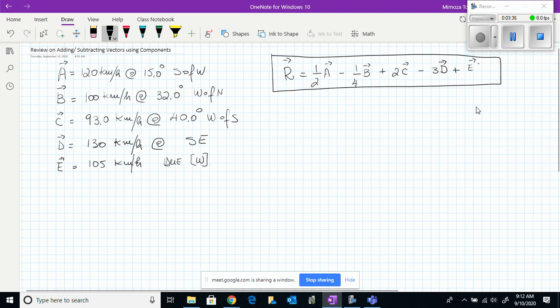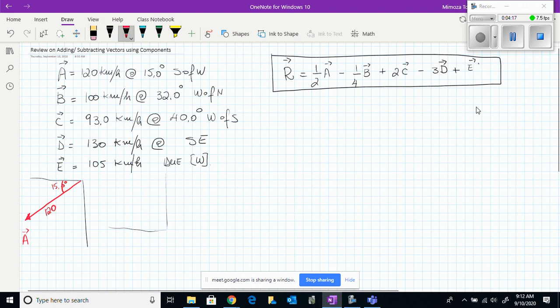So this is the expression that we have for the resultant formula. Now let's start with vector A. It's between south and west. Vector A is something like this. This is the representation of vector A with a magnitude of 120, and the angle with west is 15. Vector B is between west and north, and it is 100 kilometers per hour.